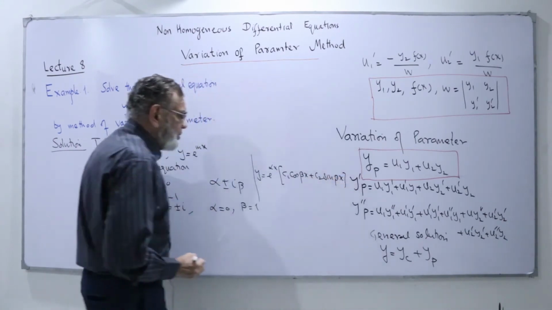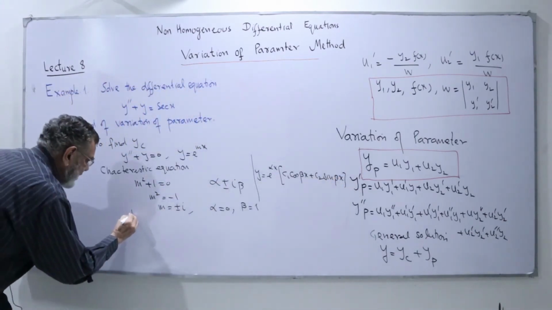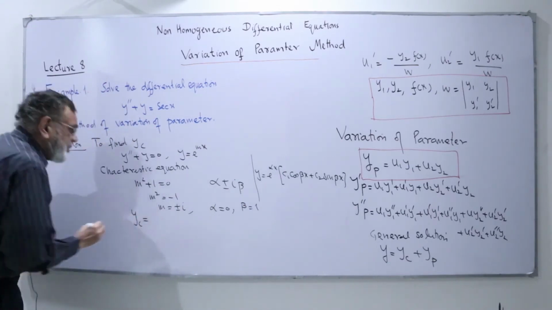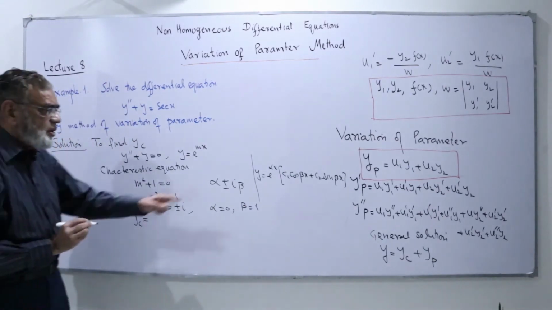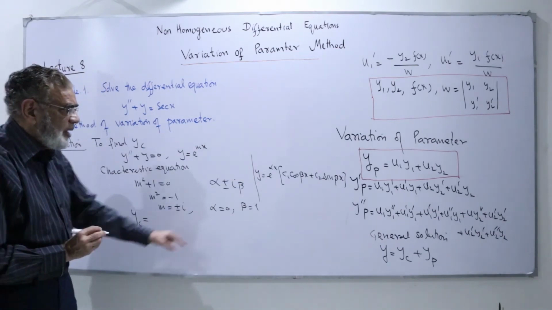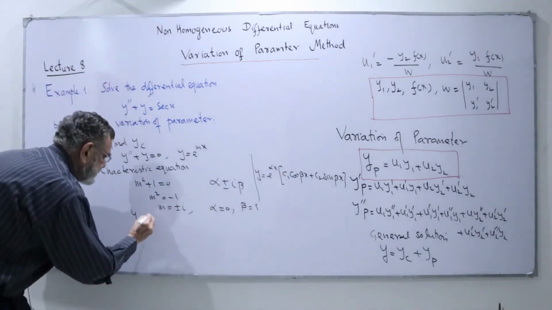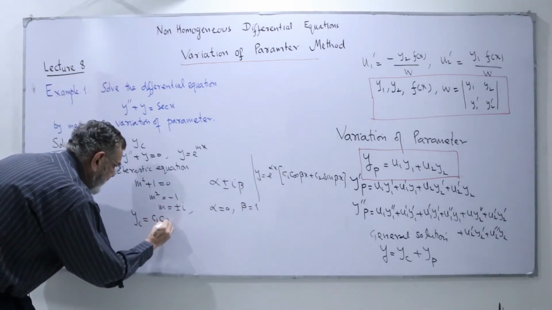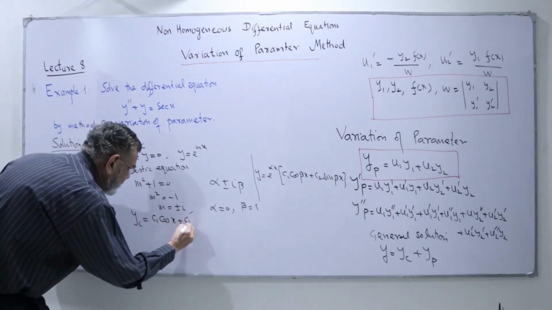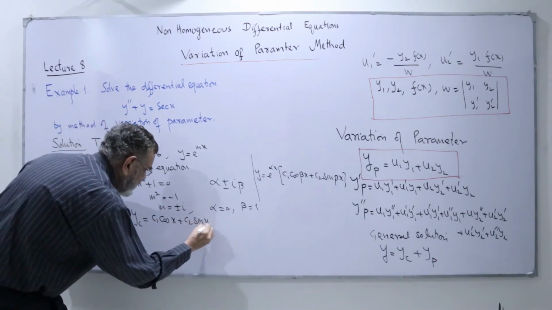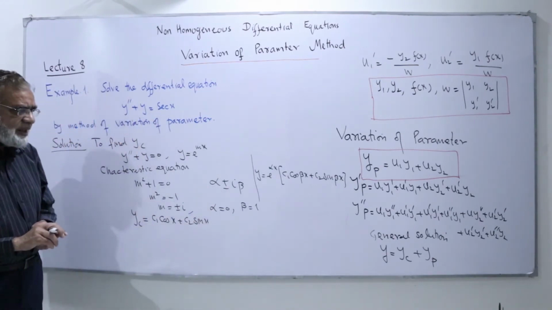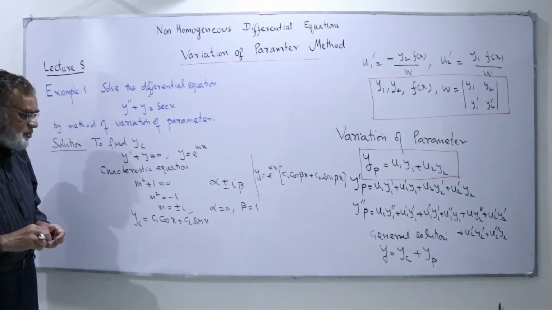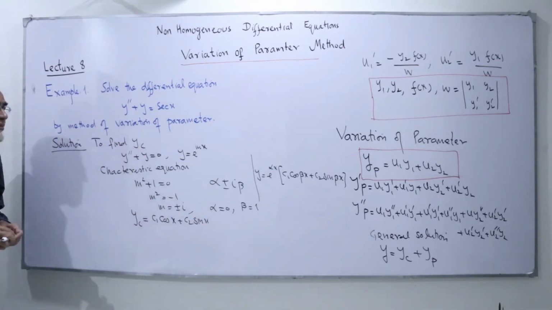My alpha is 0, my beta is 1, so I can write my yc, the homogeneous part of the solution. Alpha is 0, so e to power alpha is 1, and beta is 1. We get c1 cosine x plus c2 sine x. Sometimes we change our sine and cosine, this doesn't make any difference.